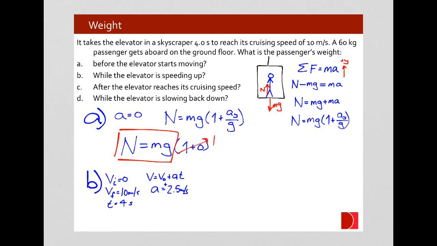We're accelerating from rest to having an upward, a positive velocity. So going back to our equation, here the mass is the mass of our passenger, that's 60 kilograms, g is 9.8, and the acceleration is the acceleration we just found.